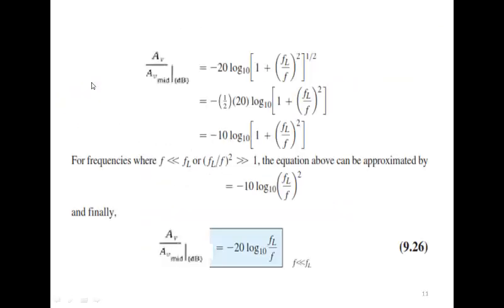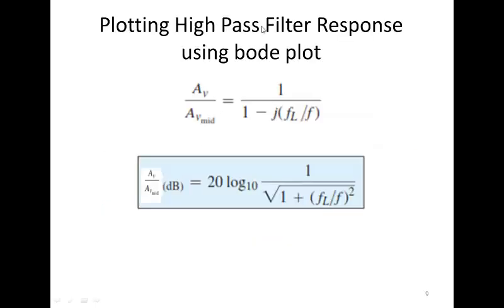So I can approximate the overall response of the amplifier with asymptotic plots or straight line segments, and for that I can have two straight line segments for the high pass filter response.